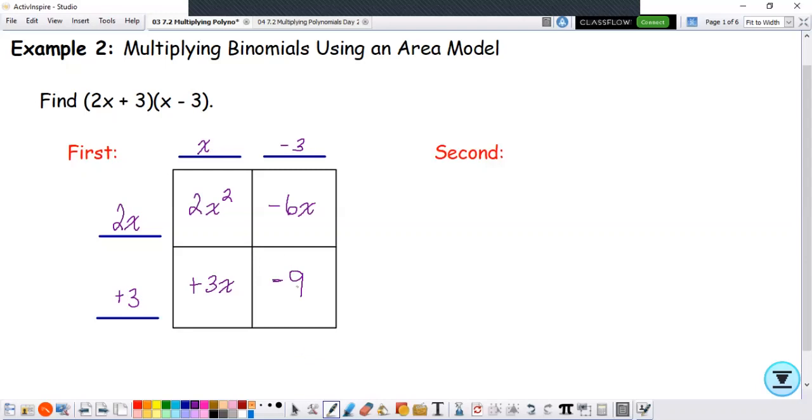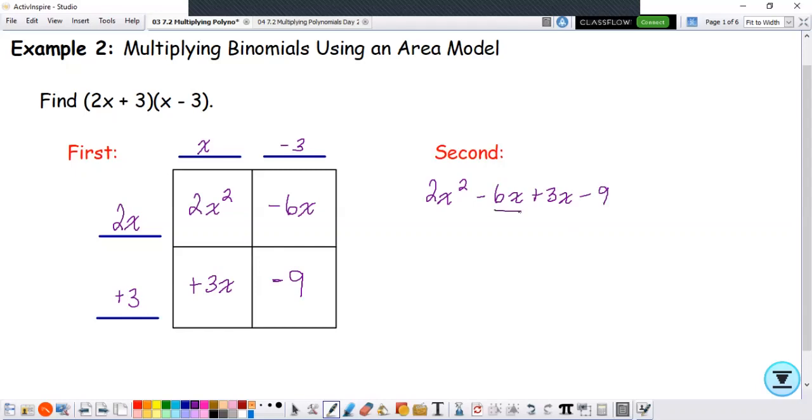Now, once you have the area of each region, you're then going to write the polynomial formed by combining the terms of these regions. So first I'm going to write out all of the areas of each of the regions, 2x squared minus 6x plus 3x minus 9.